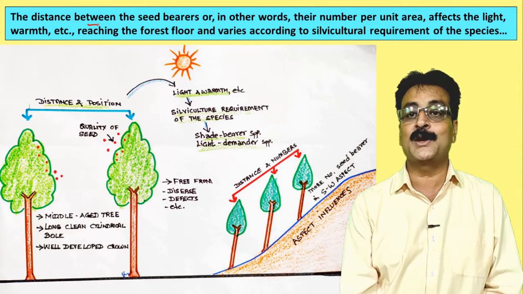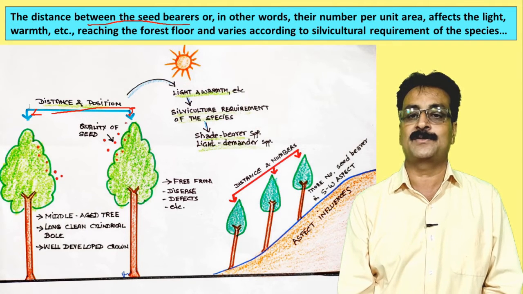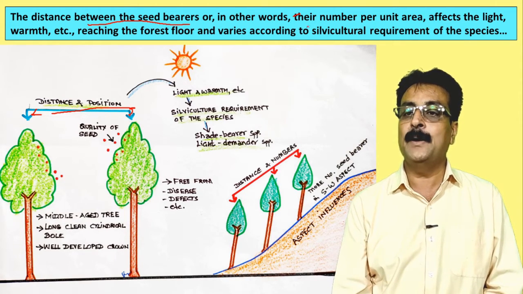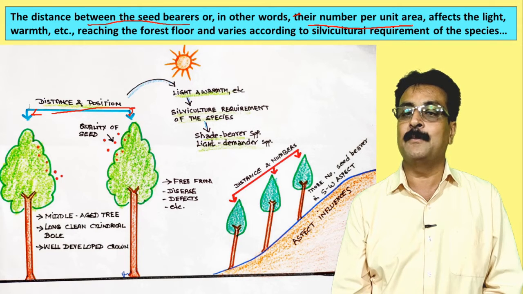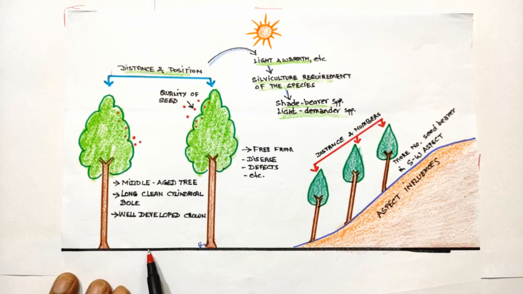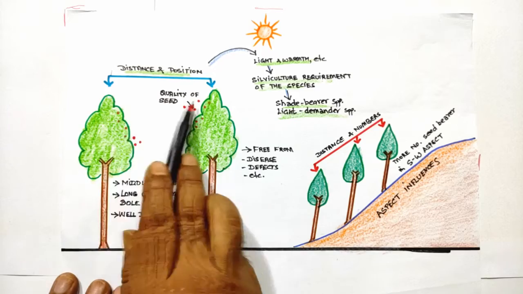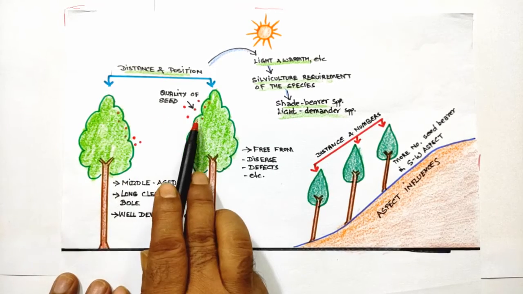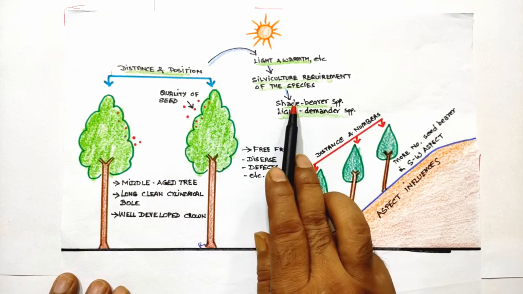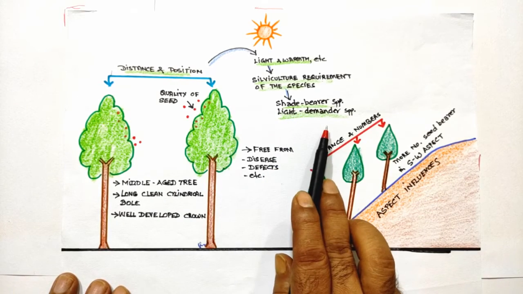Number two is the distance between the seed bearers. What should the distance be? It concerns their number per unit area, because the distance will affect the regeneration on the forest floor. The light and warmth depend on the distance between the seed bearers, because of the silviculture of the tree species: some are shade bearers, some are light demanders.